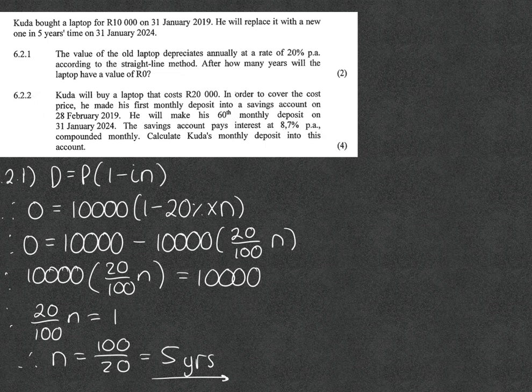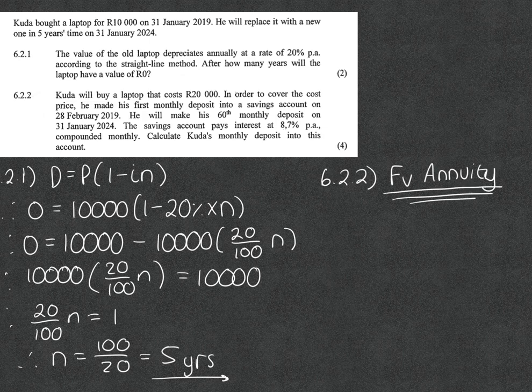Okay, so he is now saving up for this, which means he is using a future value annuity. So a future value annuity means, what is the definition of an annuity, guys? Equal payments made at equal intervals of time, either to pay off a loan, present value, or to save a lump sum of money in the future, which is future value annuity.